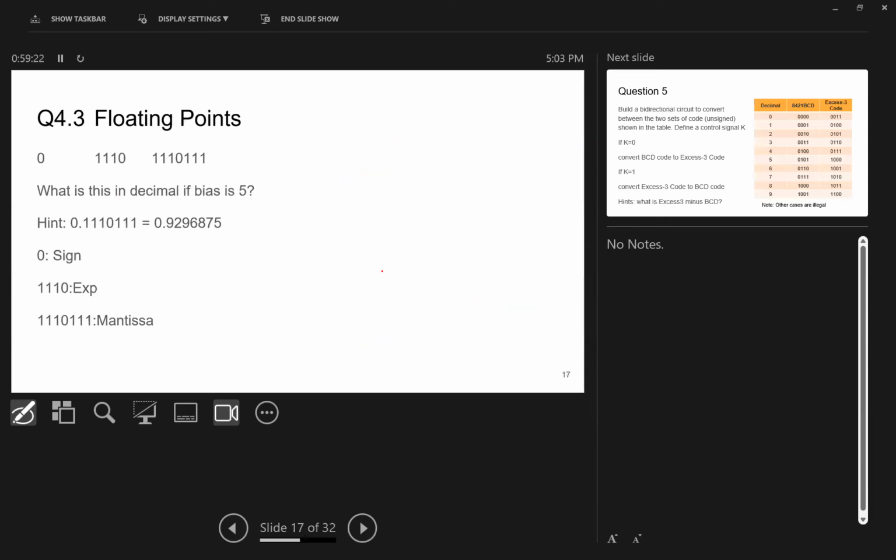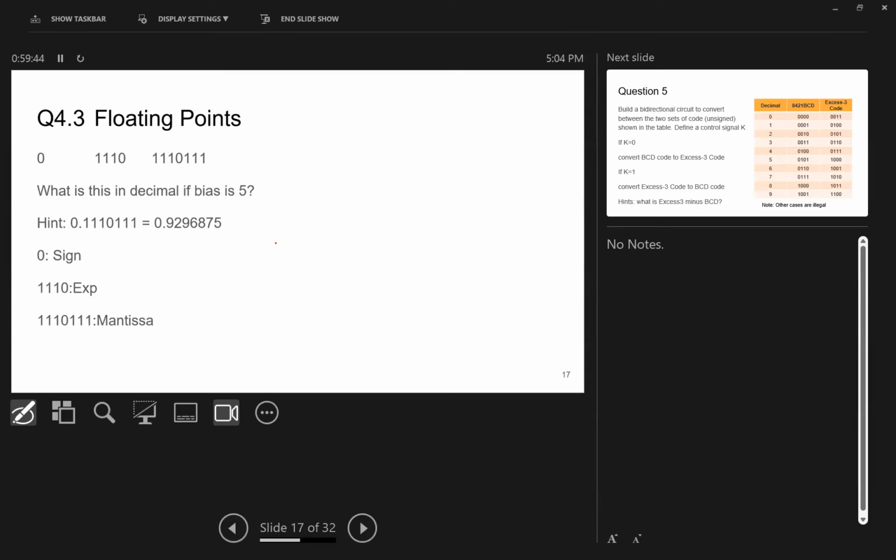Okay, and here are the floating numbers. Did the professor mention this? Yes, okay, that's great. So how could we transform our floating points to decimal numbers?